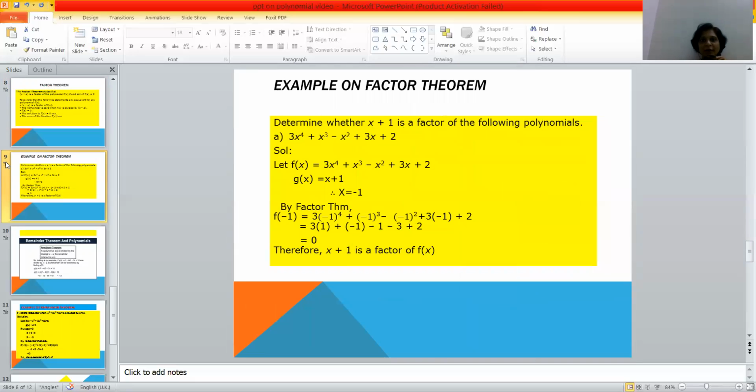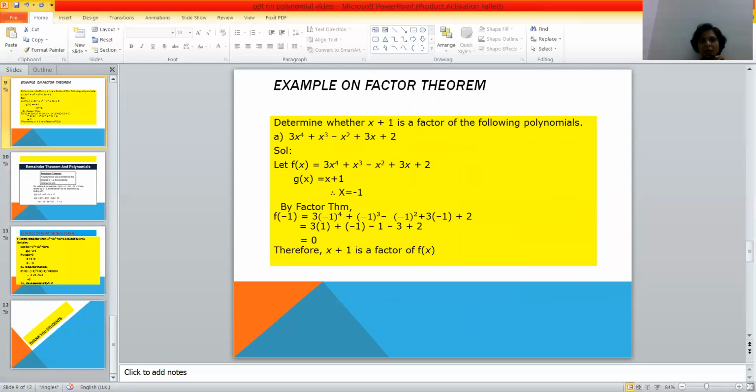Example on factor theorem. Determine whether x plus 1 is a factor of the following polynomial: 3x raised to 4 plus x cube minus x square plus 3x plus 2.